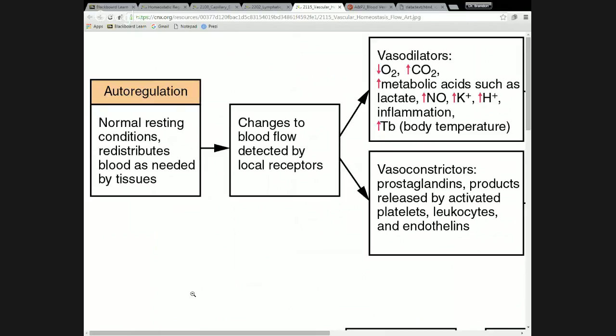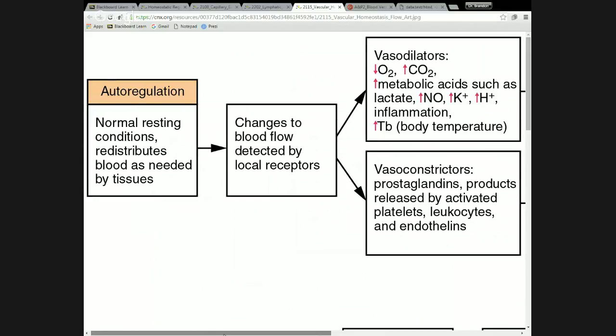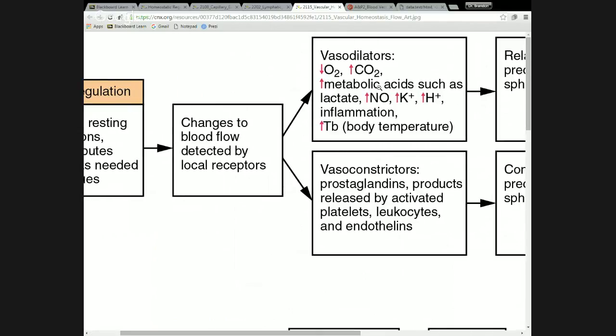All right, let me just start that whole idea over. Autoregulation: blood vessels help to regulate blood flow. So there are sensors for checking on blood flow, and if blood flow is too low, then blood vessels will dilate, decreasing resistance and allowing more blood flow.